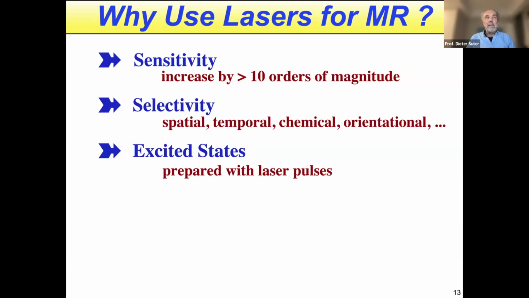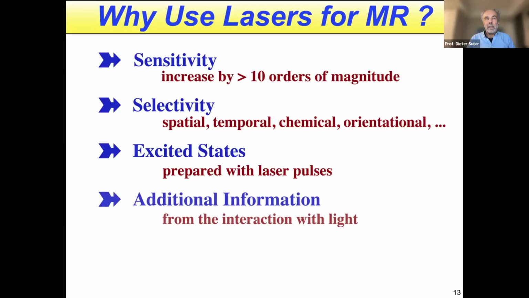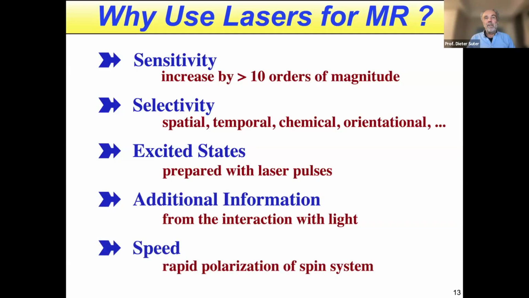Excited states can be prepared with laser pulses. And so if you want to measure properties of atoms or molecules in excited states, you will need a laser anyway. And together they can give you interesting additional information.